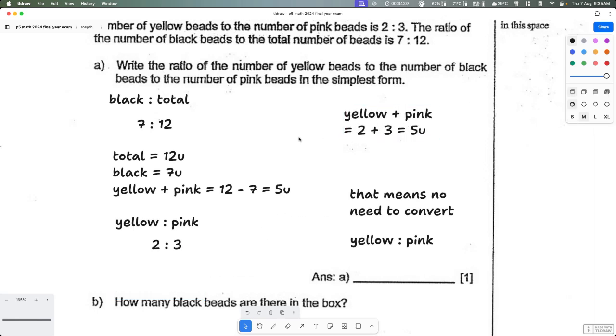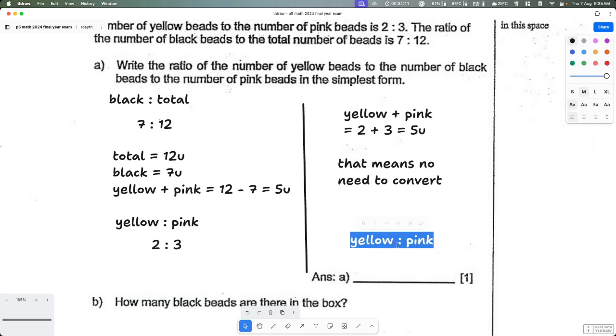All right, so yellow is to black is to pink. So our black is 7, and pink is 3, and then yellow is 2. So 2 is to 7 is to 3. Okay, there you go. So the answer is 2 is to 7 is to 3.